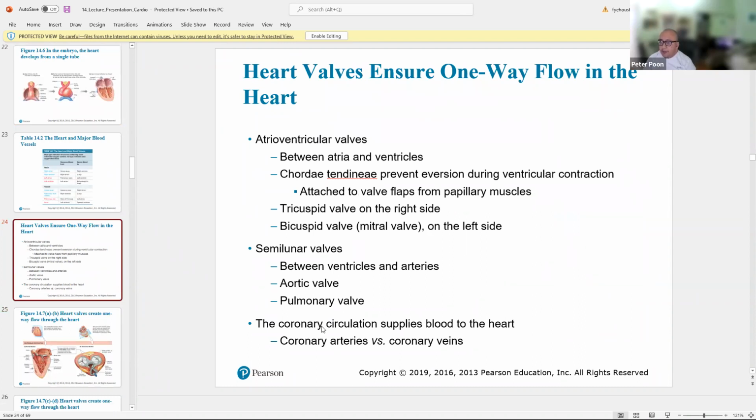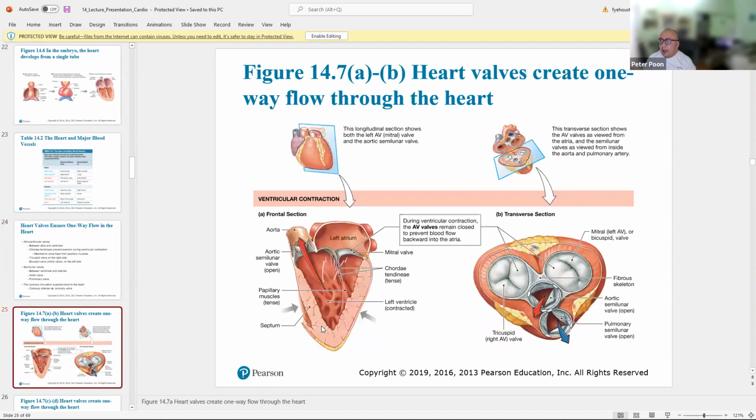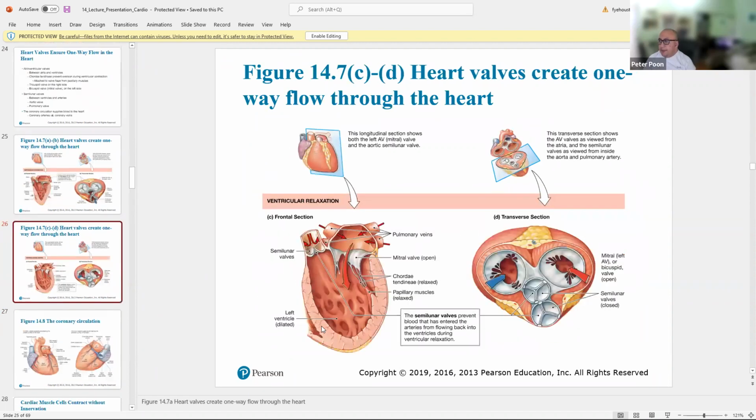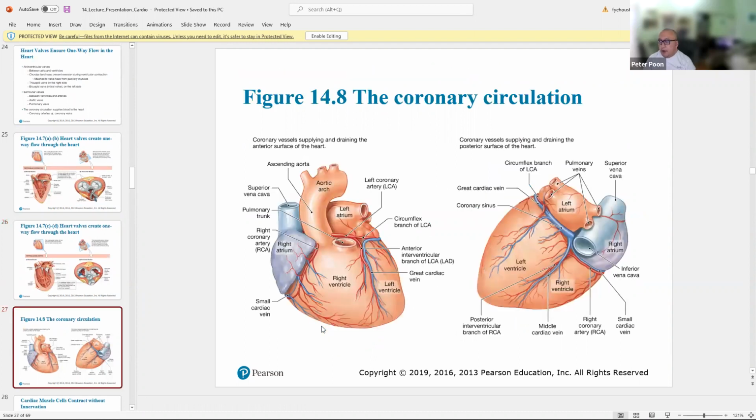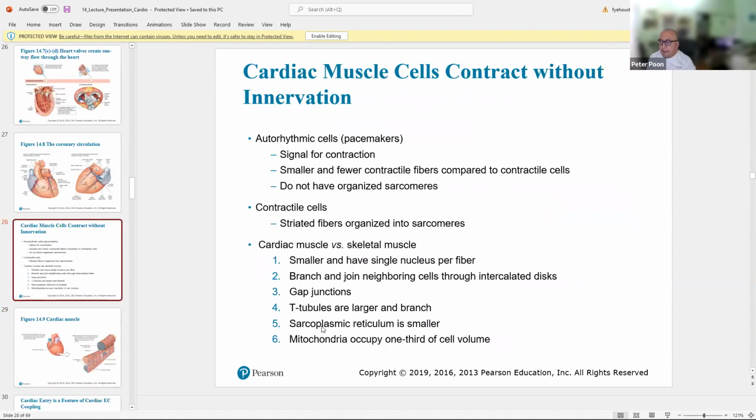You should know where all the valves are and what all these terms are. All the blood flow, the coronary, you should already know.